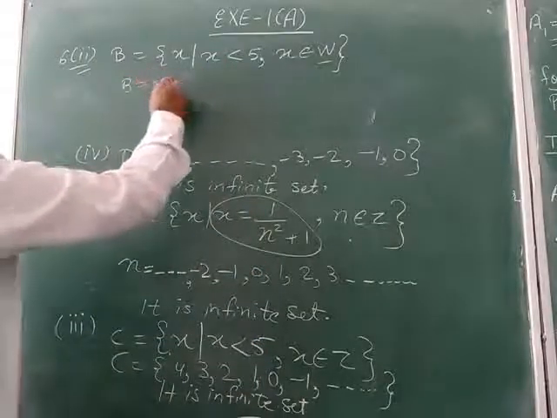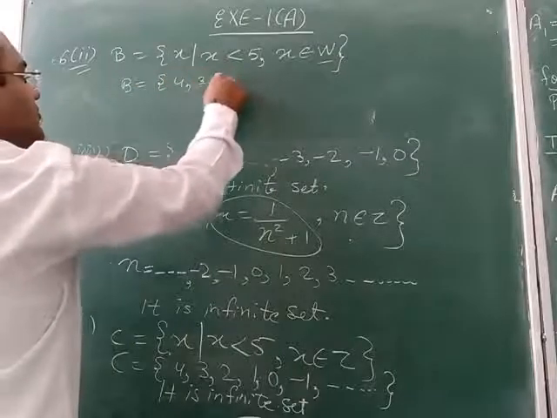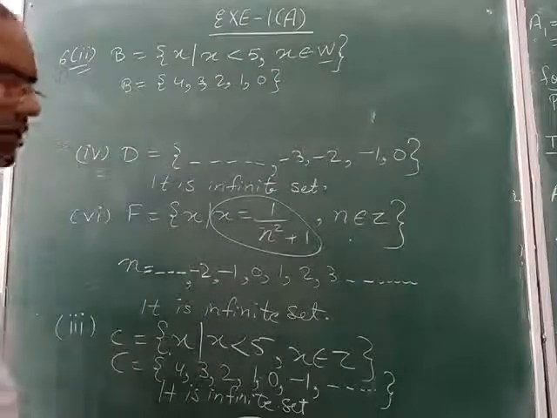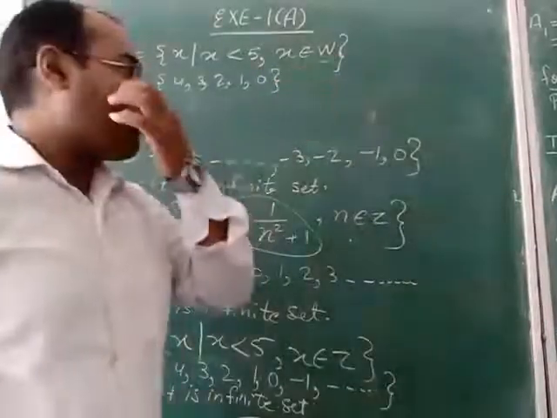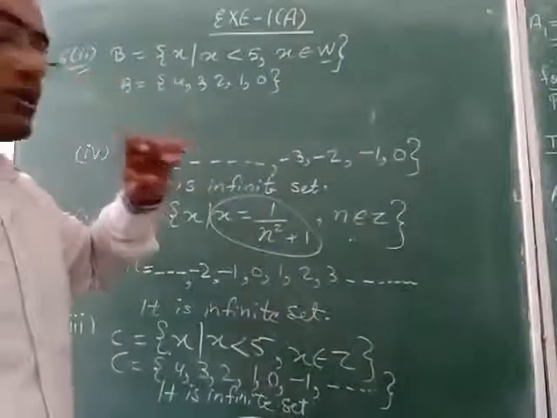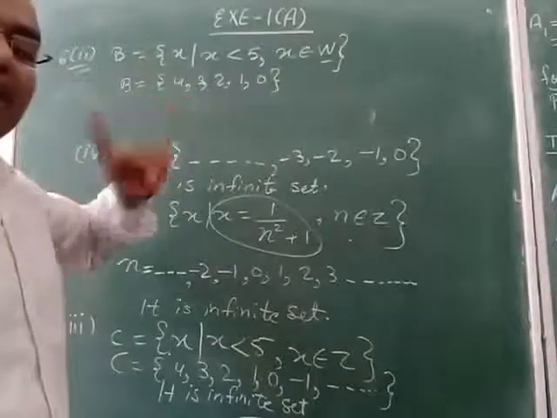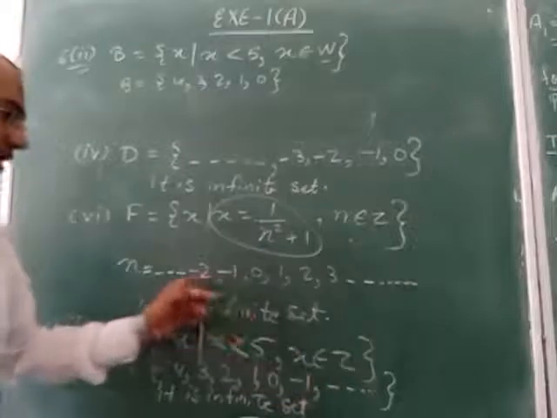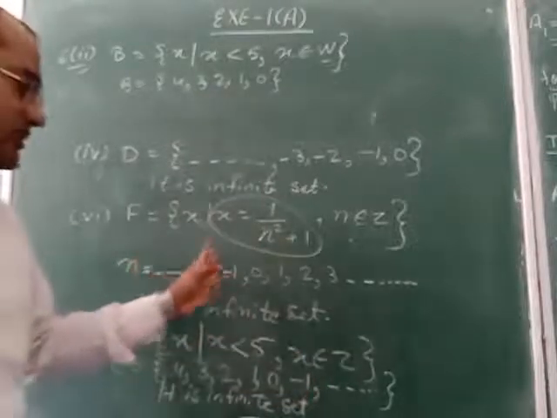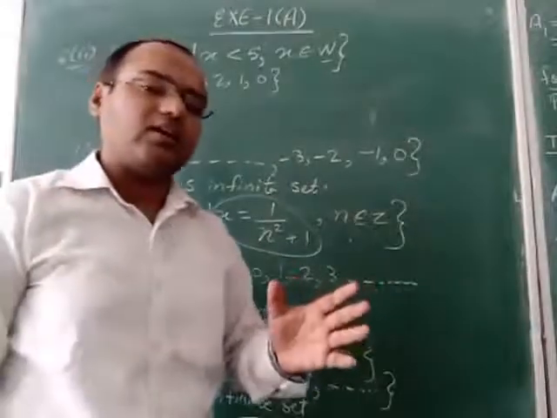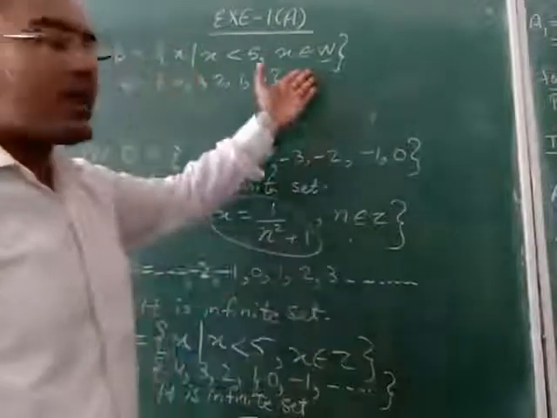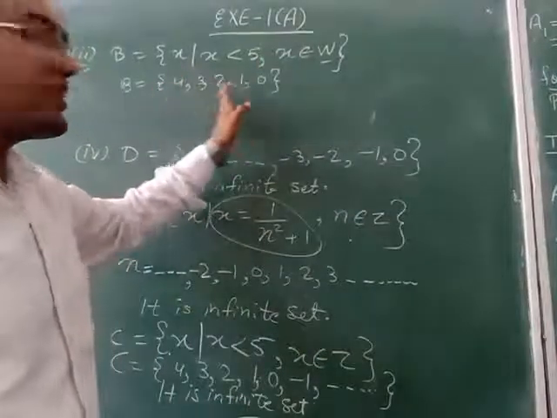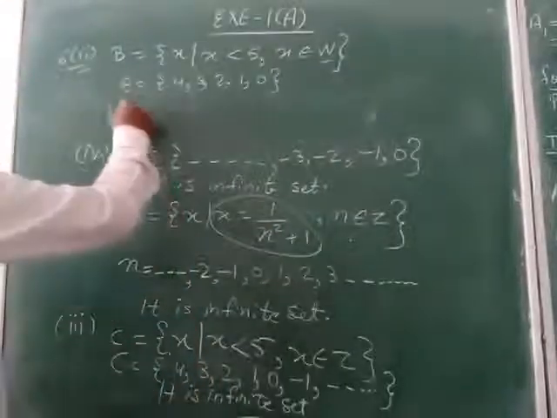So less than 5 is 4, 3, 2, 1, 0, and the bracket will be closed, because whole numbers start from 0. Negative numbers we will not take, as we took them before because they come under the category of integers. But here we have to write whole numbers, so we will not take negative numbers. Now this series has ended. We will write it is a finite set.